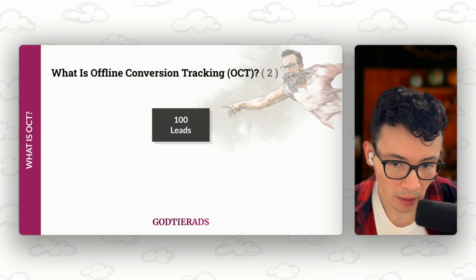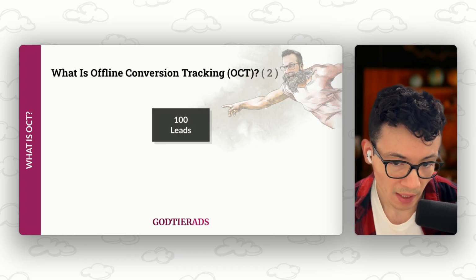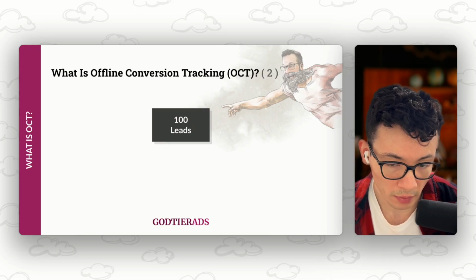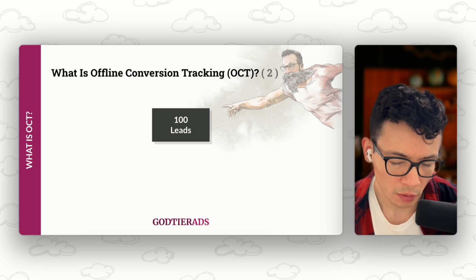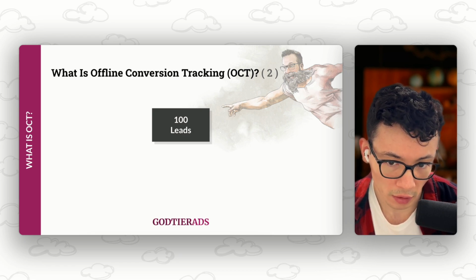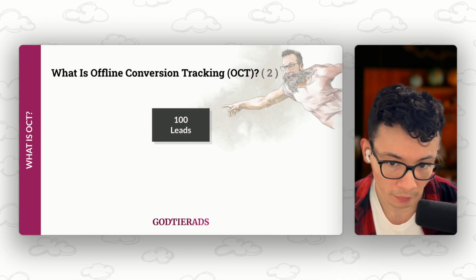So again, to give you a better visual representation of how offline conversion tracking is beneficial, for standard conversion tracking, so conversions that happen in real time, Google can only see the conversion data for those actions that happen in real time. So for example, for lead generation businesses, normally the first touch point or the first step in your sales funnel will be when they fill out an inquiry form.